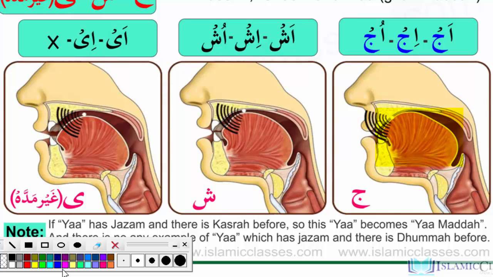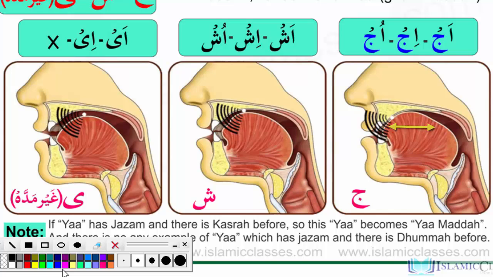The middle of the tongue starts from this place to this place. This area of the tongue is called the middle of the tongue.